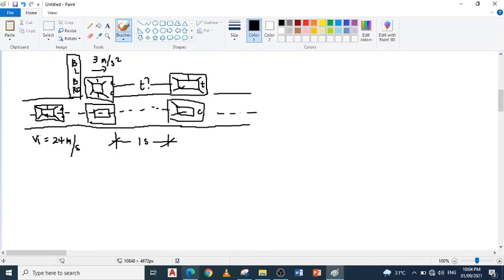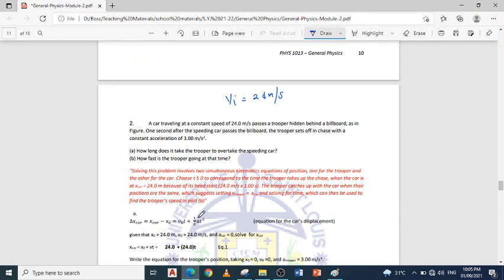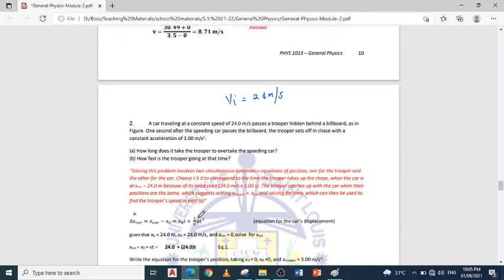Ayan. So, since nandito naman yung explanation, so i-clear out ko na lang, no? Solving this problem involves two simultaneous kinematics equations of position. One for the trooper and one for the car. So, choose T. Parang may mali dito eh.